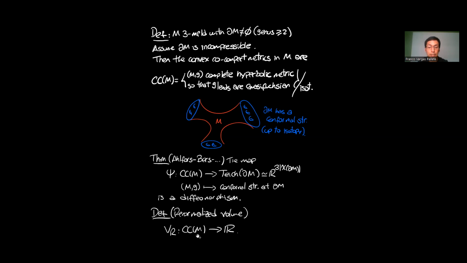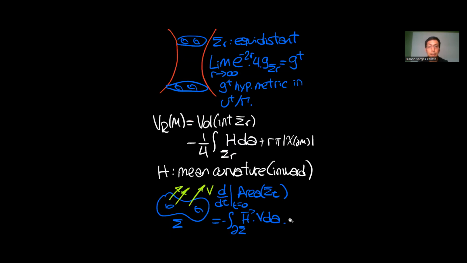Renormalized volume is a real-valued function on the space of convex co-compact metrics that is characterized by the following formula. I have here a picture for a quasi-Fuchsian manifold, but we can do a picture for any convex co-compact manifold.